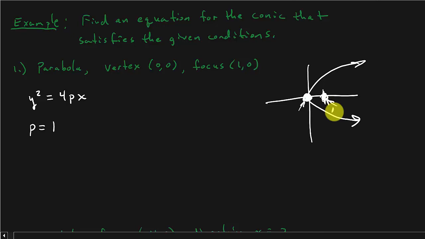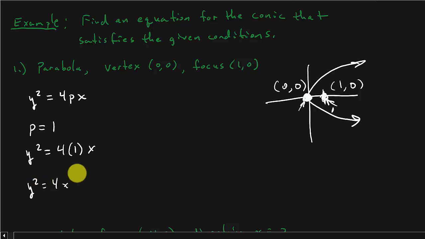This is the point 1, 0. This is the point 0, 0. So you know p is 1. So y squared is equal to 4 times p, which is 1, times x, so we get y squared is equal to 4x. Man, that's so difficult, isn't it? See how easy this stuff is?